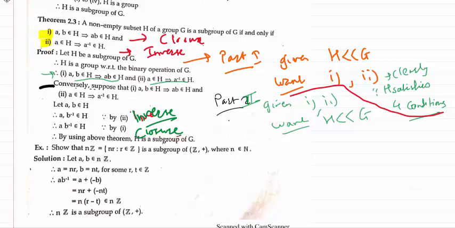Next example is, show that NZ is a subgroup of Z under addition for all n belonging to N. So how do we have to prove it?